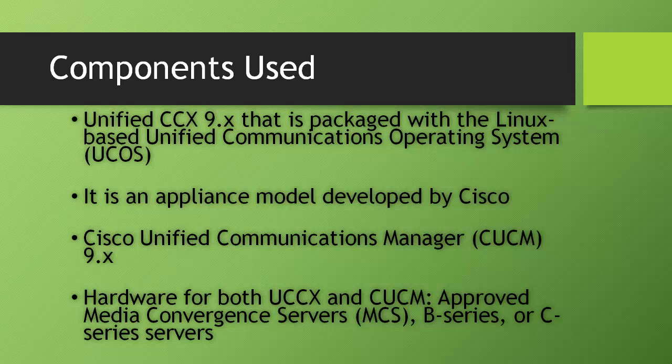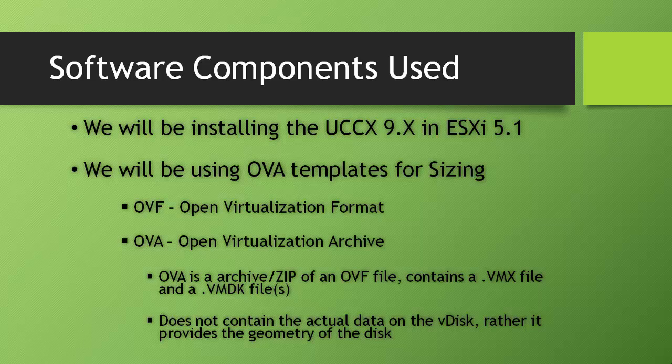The hardware for both UCCX and CUCM should be an approved MCS server, or if you're installing in a VM-based environment, you can look for UCS B-series or C-series servers. These can also be installed on specs-based third-party servers supported by both Cisco and VMware.